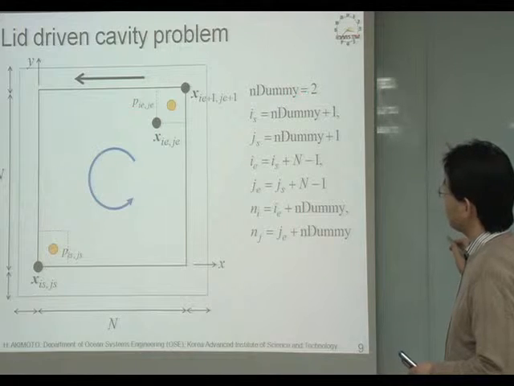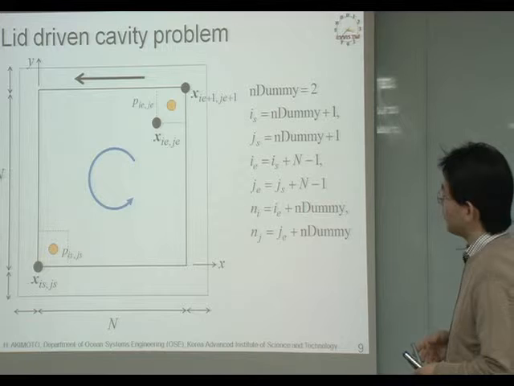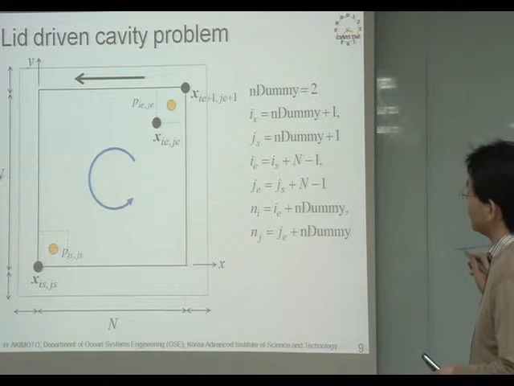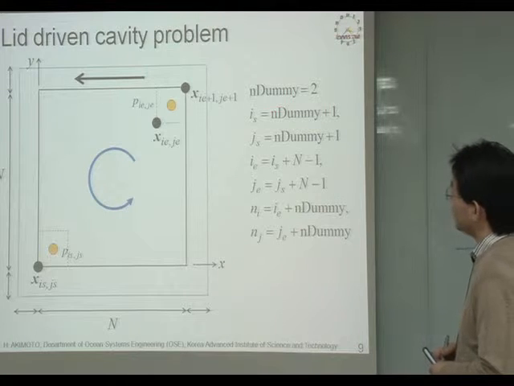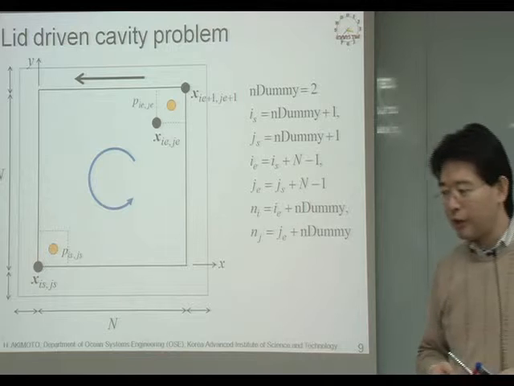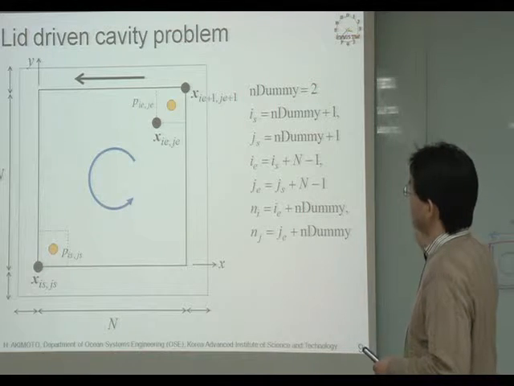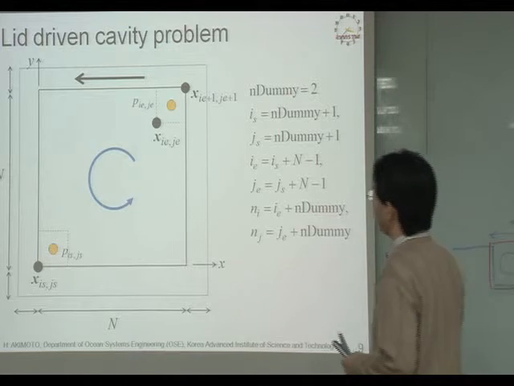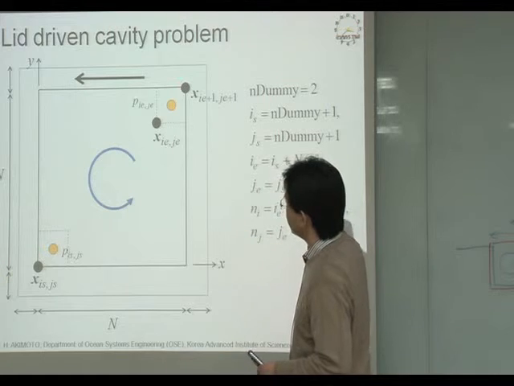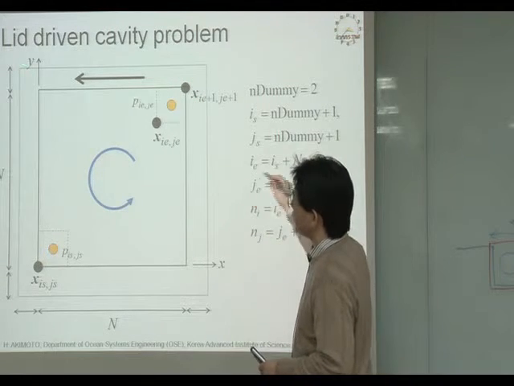For the testing of basic knowledge, one is enough. But to reserve the possibility of higher order approximation, please use 2 for the depth of the dummy boundary. So it means there are 2 control volume layers here and here.